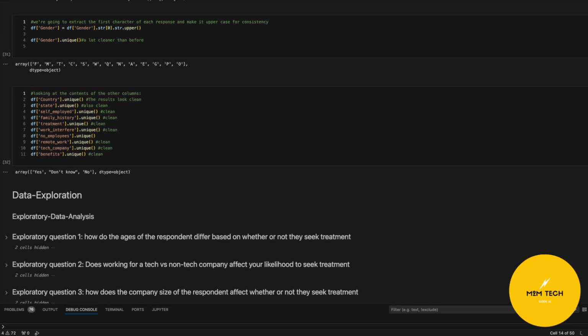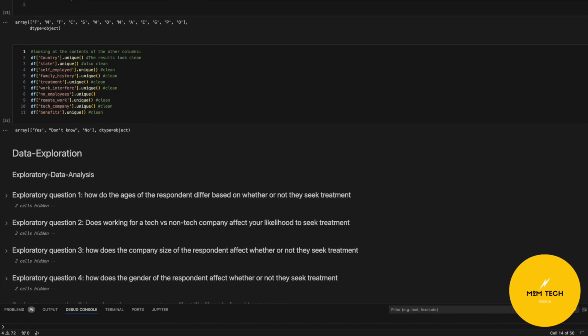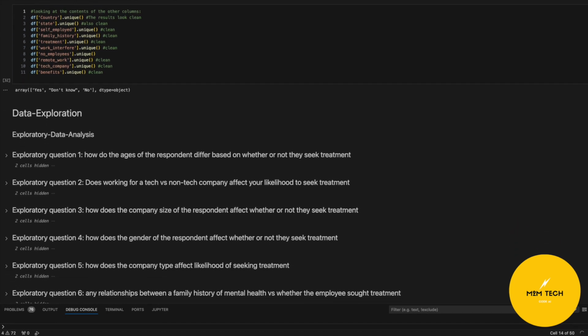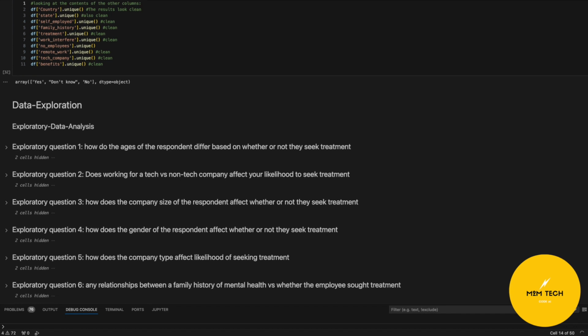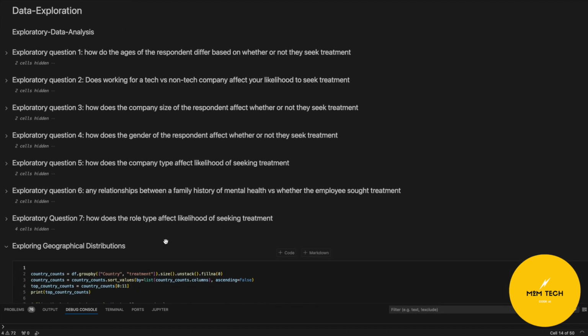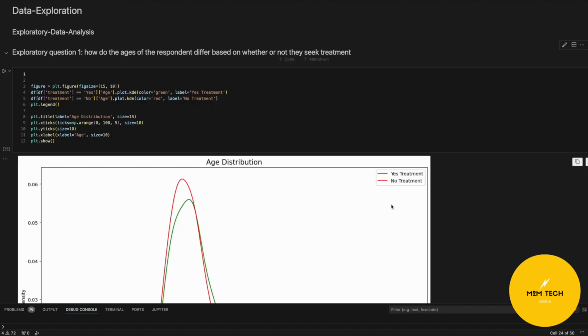There's a lot more we could have done to clean that up. We could have focused on just the top 4 and then filled the rest in with a blank or NA. But let's just go ahead with this method. Everything looks clean when we run the rest of the data frame.